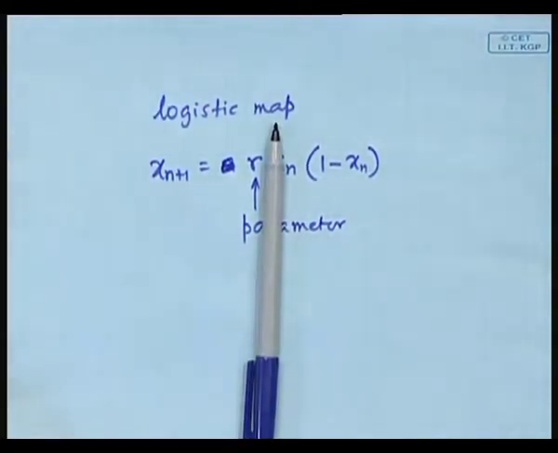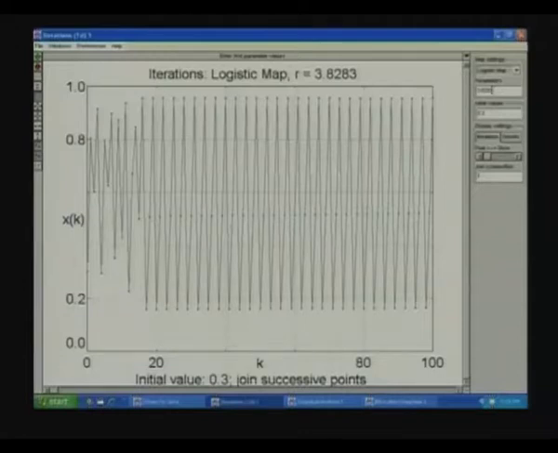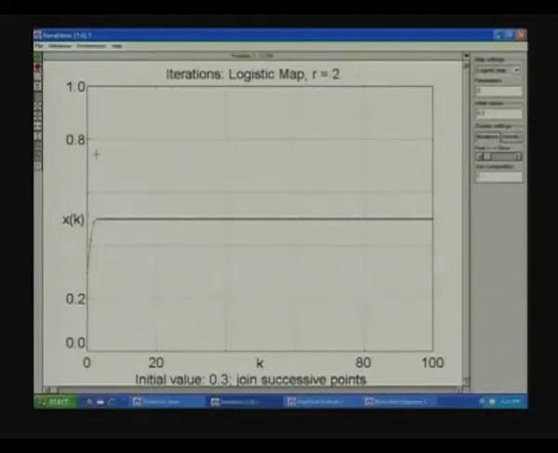Now, do you see that all of them, starting from some initial condition, ultimately converge onto a number and then stay steady there, flat?